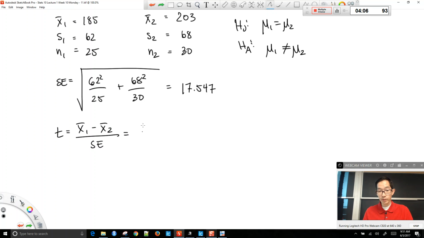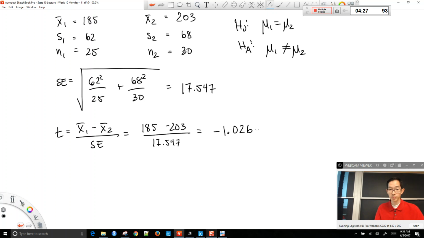So I'm going to have 185 minus 203 divided by the standard error 17.547. When I punch this in, I get negative 1.026. Negative 1.026. So I come to my table and I have 24 degrees of freedom.